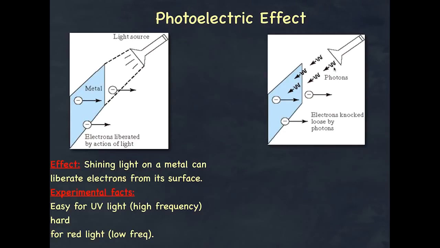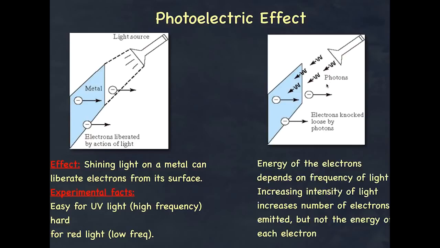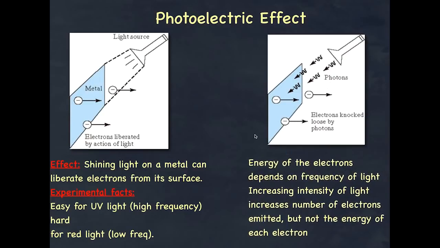In other words, each of these photons has an amount of energy, and increasing the intensity of the light only increases the number of photons. So if this photon has a certain amount of energy, that energy is equal to hf.